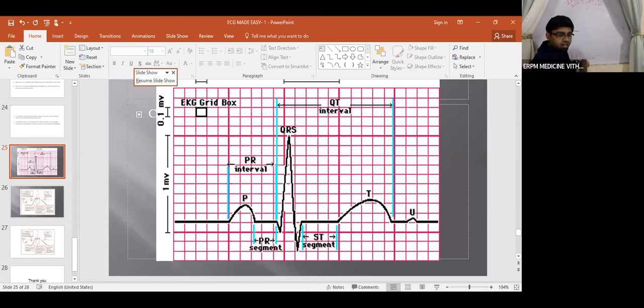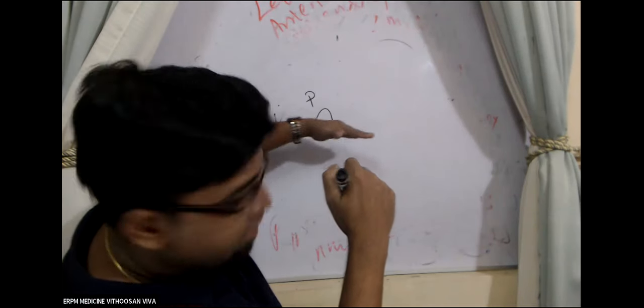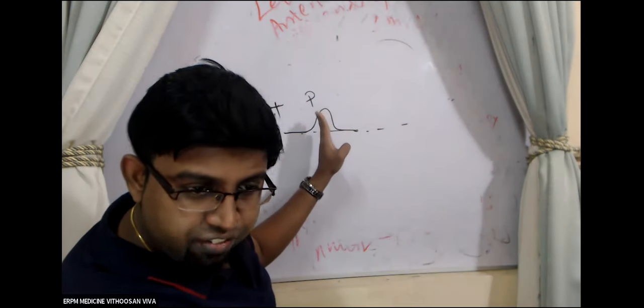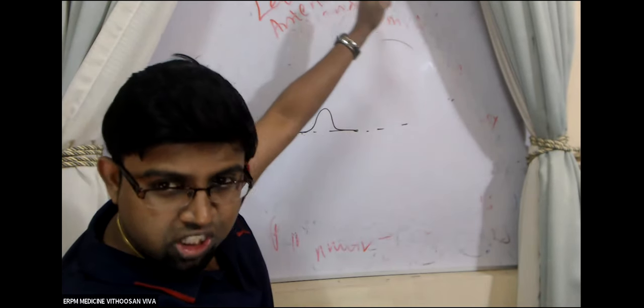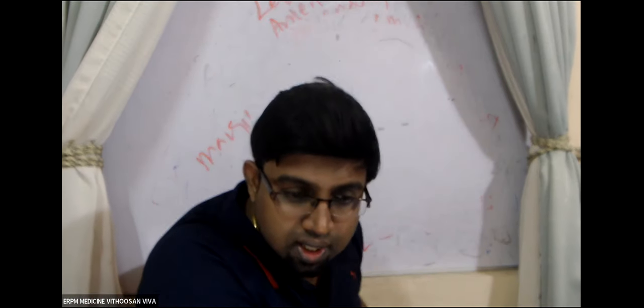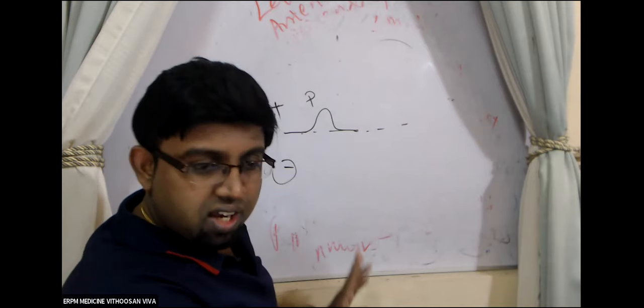We say this is the baseline. Any deflection upward is called positive deflection. Any deflection downward is called negative deflection. So this is a P wave.